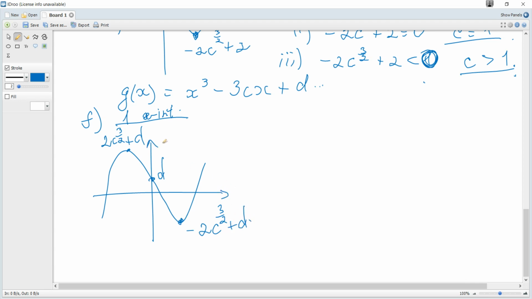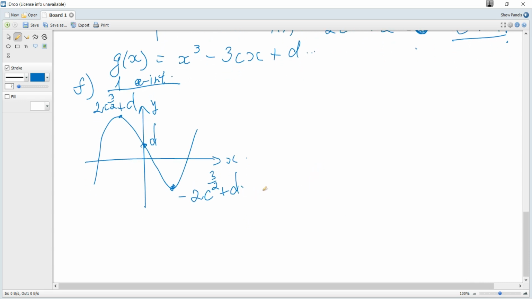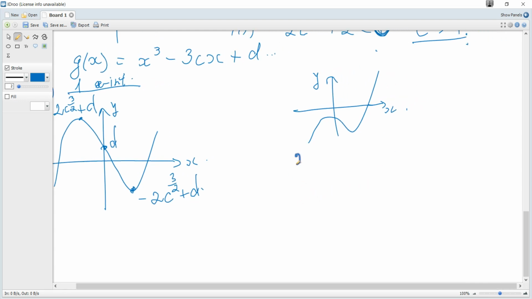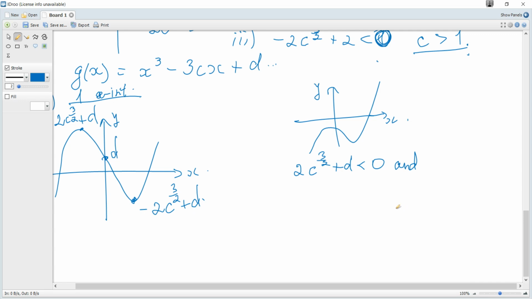And we need again one x-intercept. So to get one x-intercept, let's consider this situation, that the maximum, which is 2c to the power 3 over 2 plus d, is less than 0, so it's below the x-axis, and at the same time the minimum, which is negative 2c to the power 3 over 2 plus d, also must be less than 0.